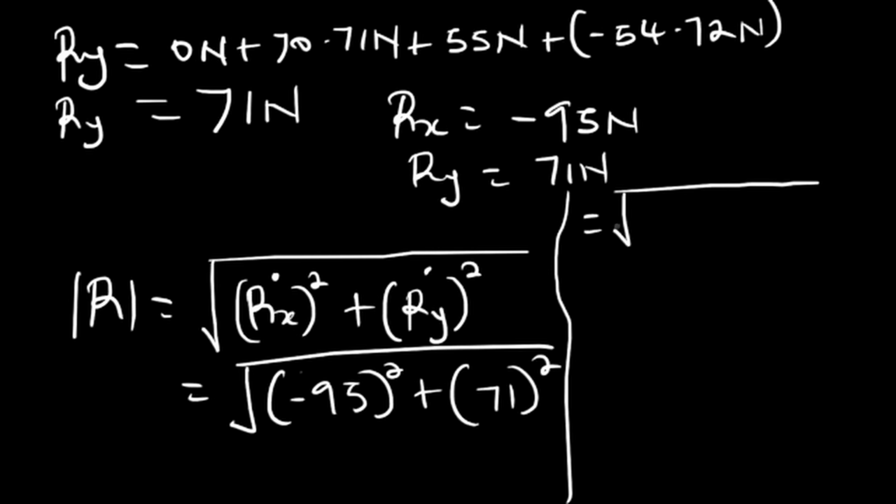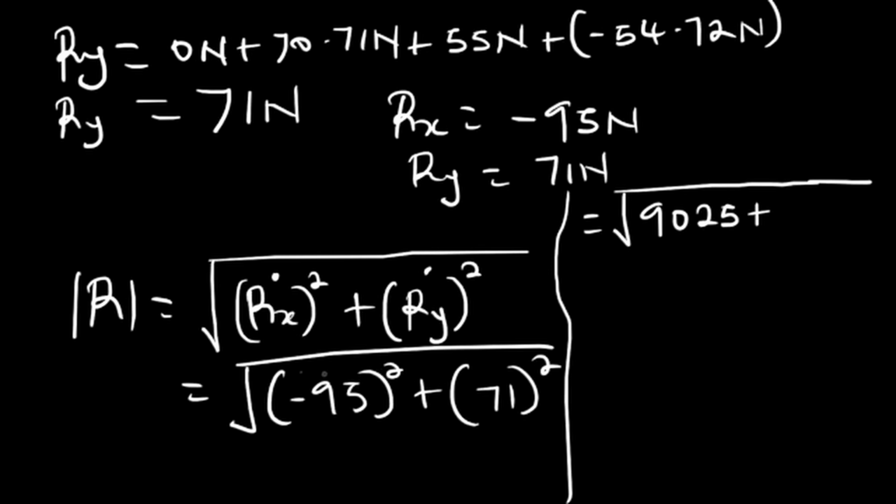Now let me write them here to see what we're going to obtain. Negative 95 squared is equal to 9025. We have 9025 plus, remember that this is a negative number being raised to an even power.